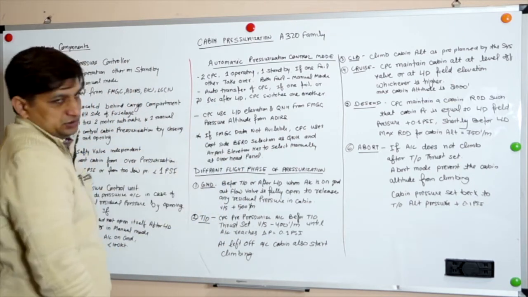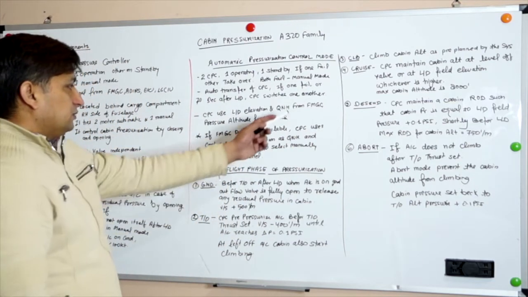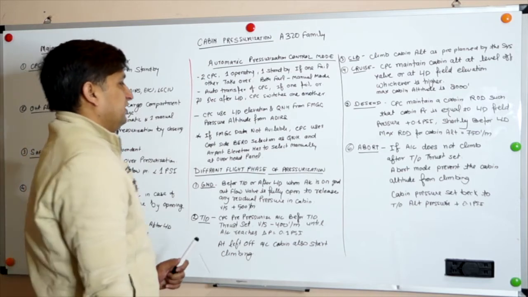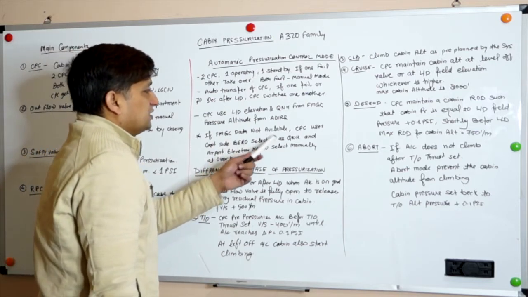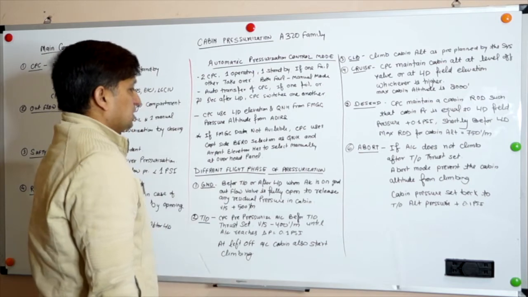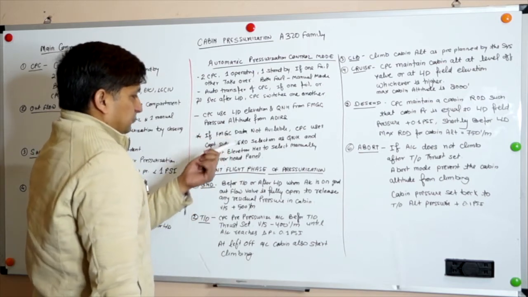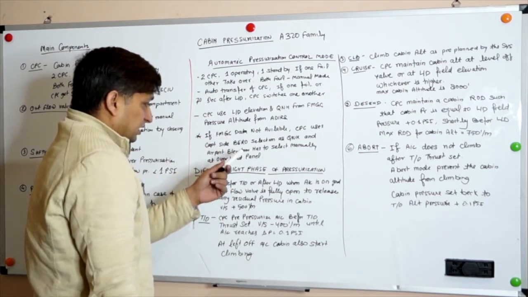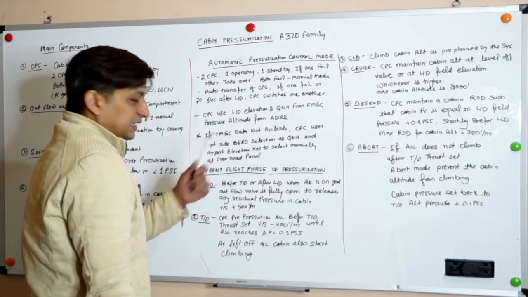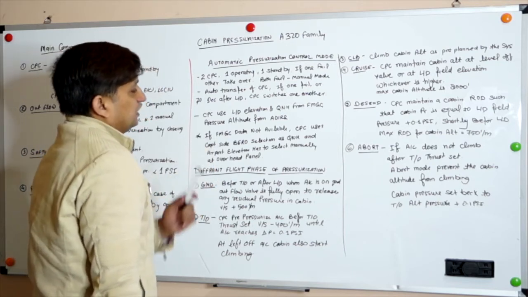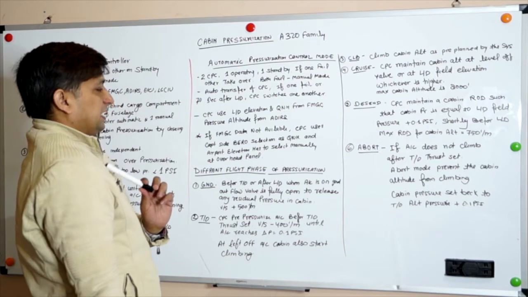Okay, so it uses the landing elevation and QNH from the FMGC and pressurization altitude from the ADRS. In case the FMGC data is not available, then the CPC uses the QNH from the baro setting set on the captain's side. The P1 side baro setting will be taken as the QNH at the time of landing.